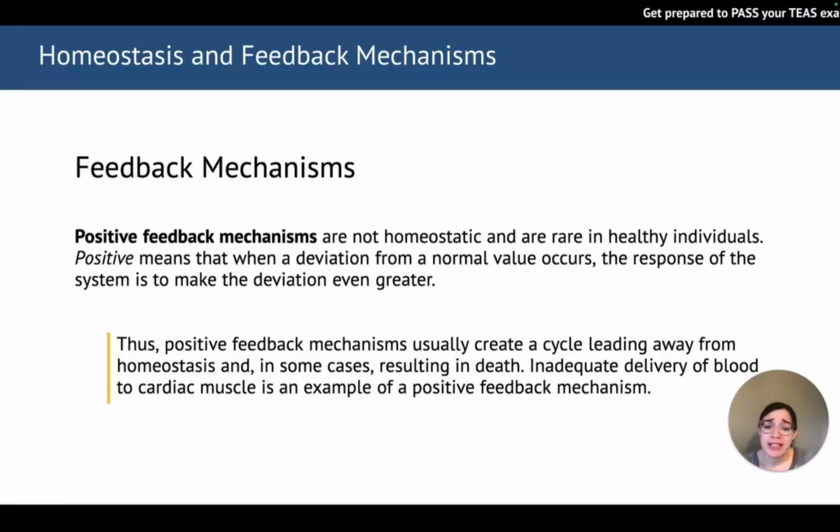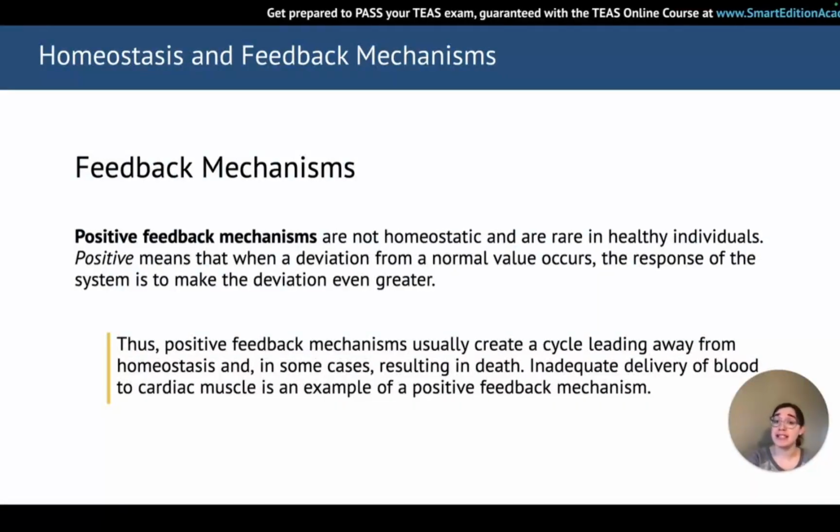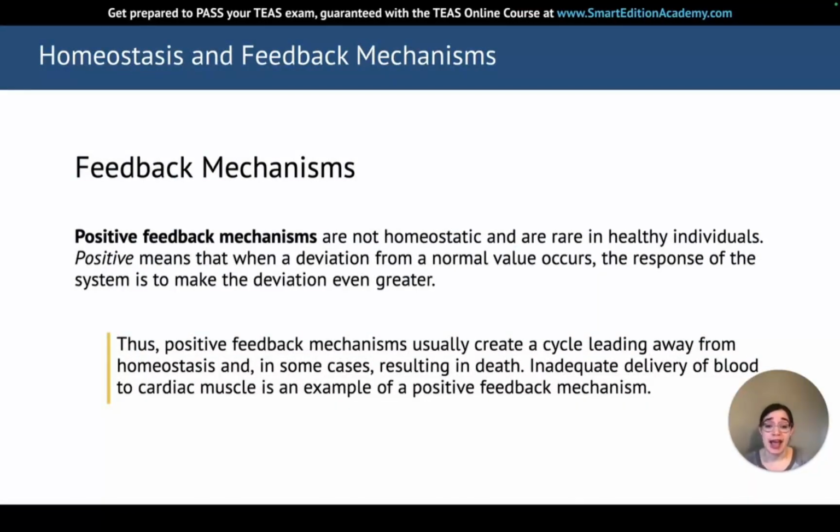So, positive feedback mechanisms typically create cycles that lead away from homeostasis, and in some cases can even result in death. An example of a positive feedback mechanism to illustrate this would be the inadequate delivery of blood to cardiac muscle, such as in the case of a heart attack. So let's be clear that in that particular example, the body is not necessarily sabotaging itself. It's not trying to kill itself.